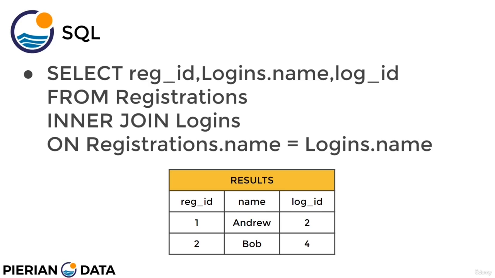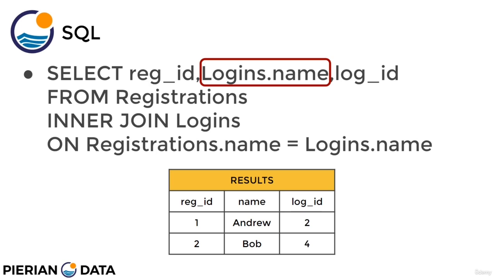So you might be wondering, why did I have to specify logins.name instead of just saying name? Well, the reason for that is because name existed in both tables. So we had both tables share a column name, which means if I'm selecting something after a join, I should specify what table I'm referring to in regards to the name column. In this case, it doesn't really matter.